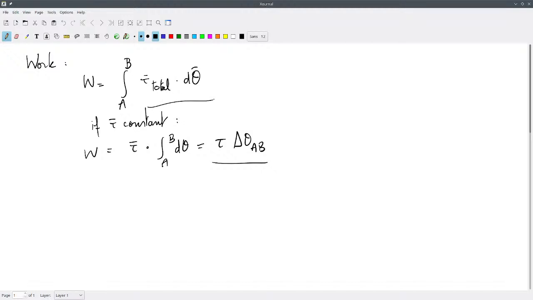The actual complicated integral is not as relevant for this particular course, but in general it's the expression to use.